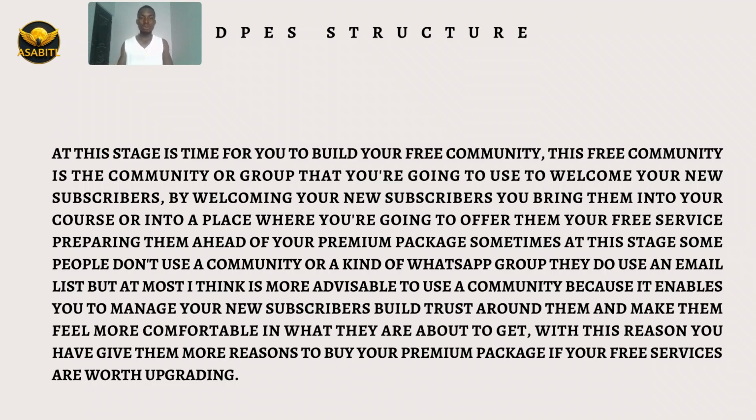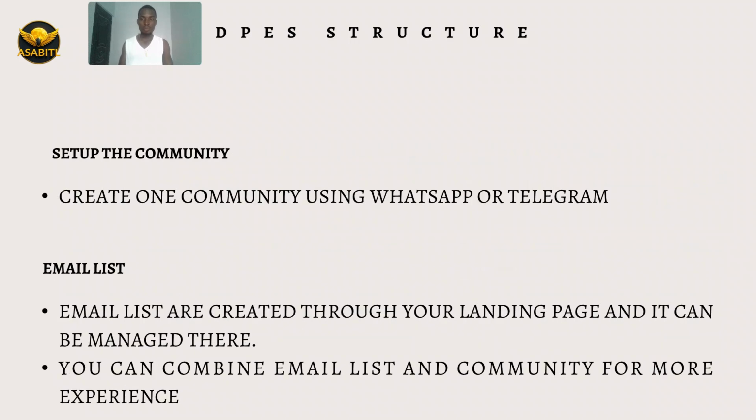So after you create your community and it's ready to go, you can create it using a WhatsApp community or WhatsApp group. You can use Telegram or any social media platform that allows you to create a group that people will join. I'm going to explain later in the sale process how you're going to use this.